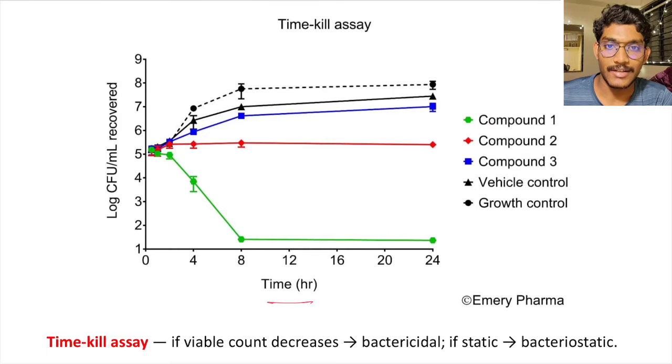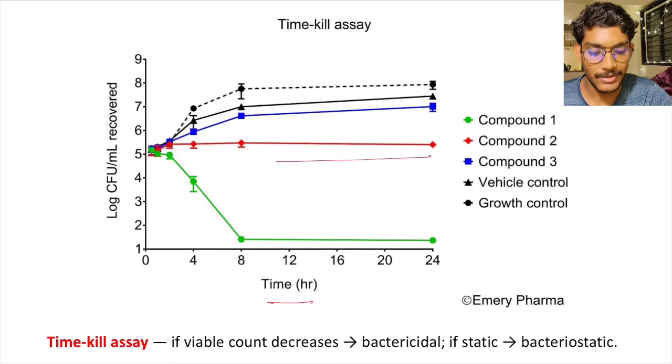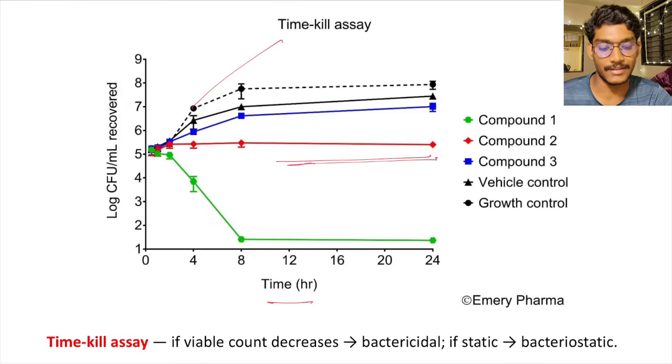If the drug is a static drug, if it only inhibits the growth of the bacteria, we will get a straight line, there will be no growth. But if it is a bactericidal drug, if it kills the bacteria, the number of colonies will decrease.